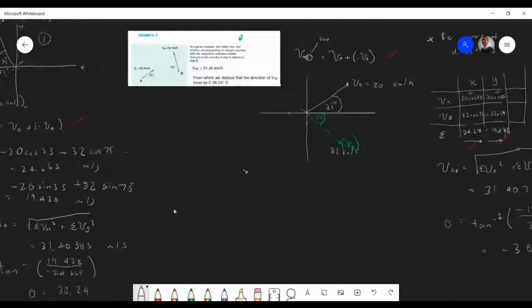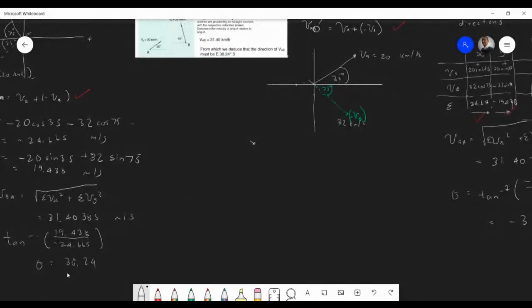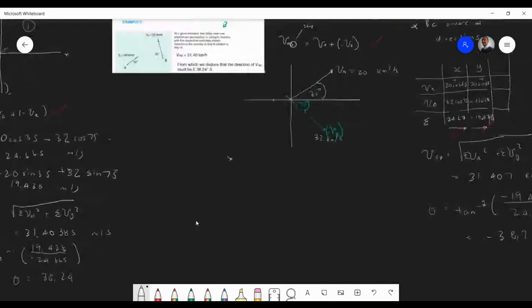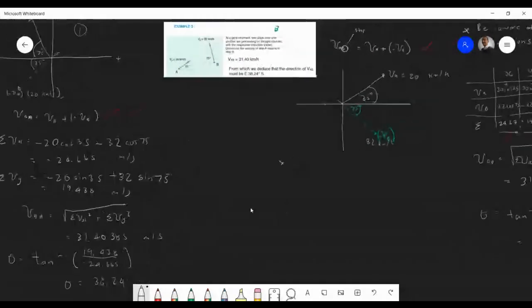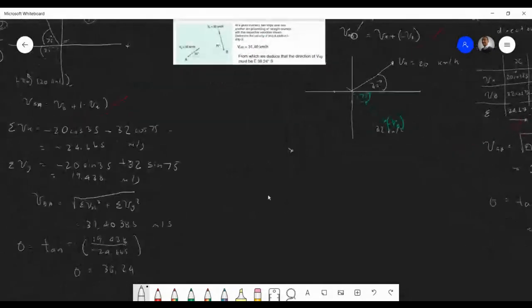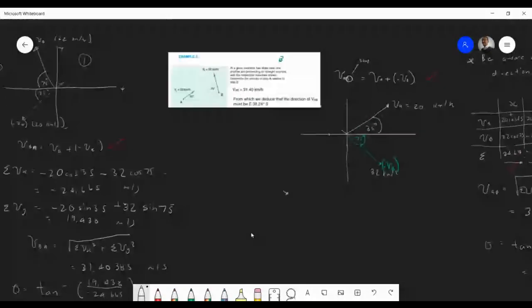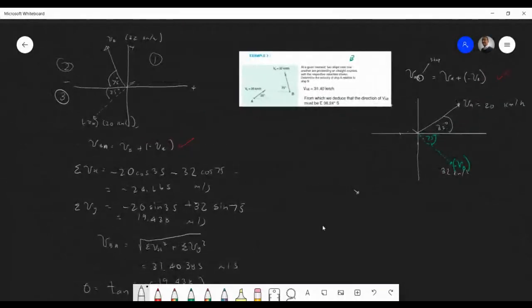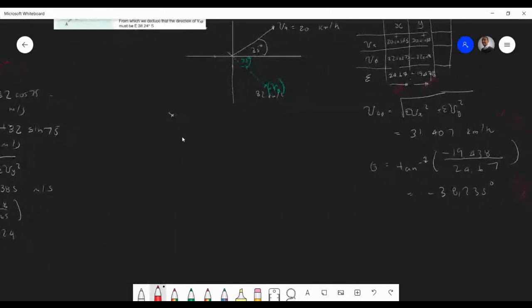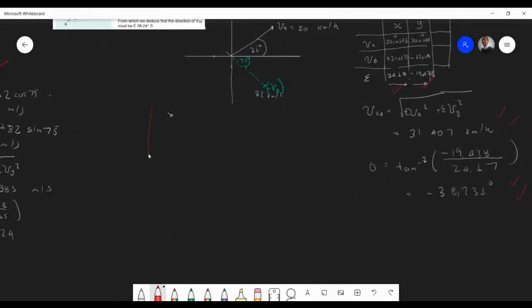Oh, cool. Nice. I'm actually a bit concerned with my other value here, but anyway, we'll have to figure that out. Anyway, going back to the directions, I'm going to split each one of the components for you so you can see. Let's first do VB. VB is like this at 75 degrees.